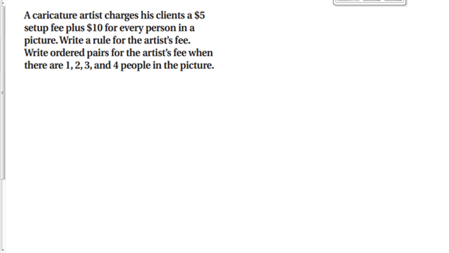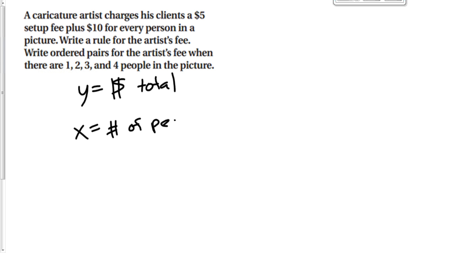Okay, the price is y, so y will be the total amount of money that will be spent, and x will be the number of people, and that can vary. Okay, so we're going to say y equals. Well, it's going to be $10 per person, so 10 times x, but you get charged $5 no matter what for the setup. Here we go.